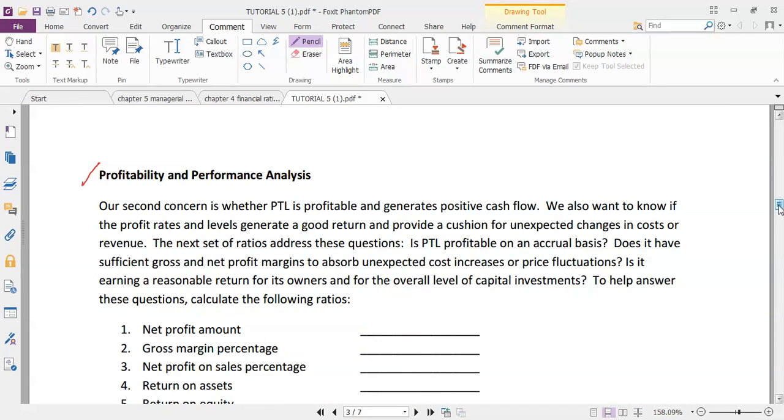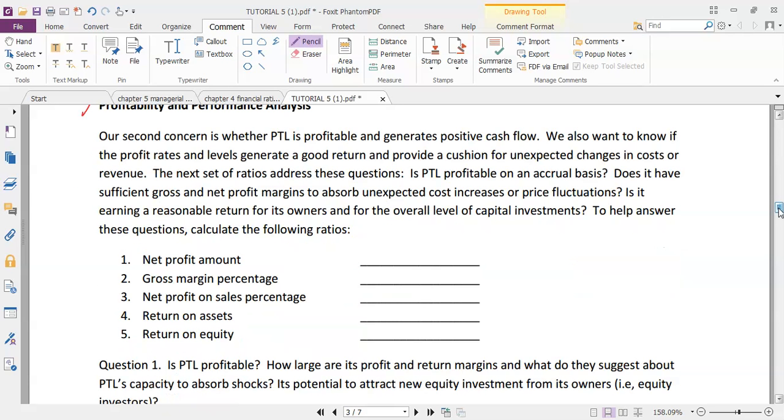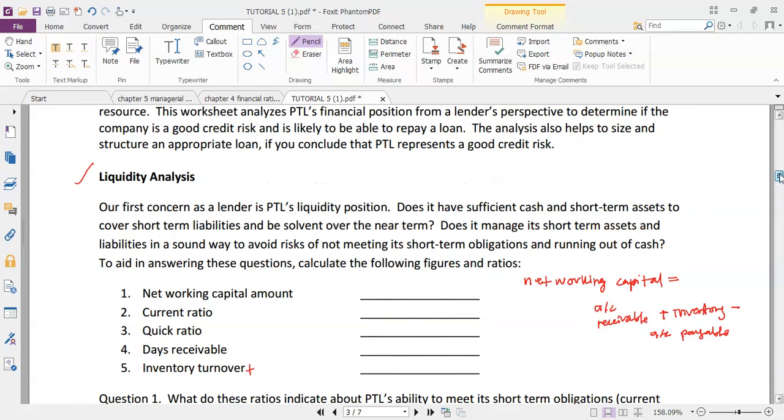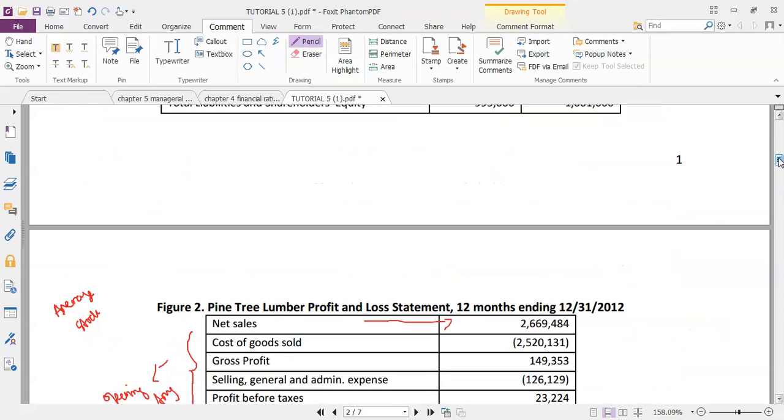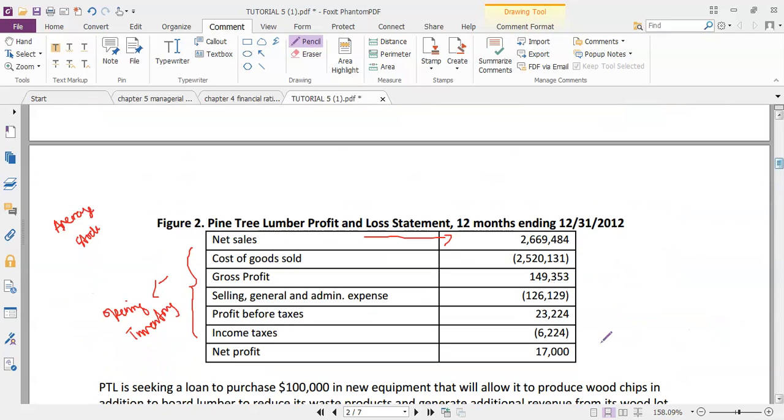Okay, so let's look at the profitability and performance analysis. Let's look at the profitability ratio. How much is the net profit amount? Let's look at the question here. Net profit amount is 17,000.